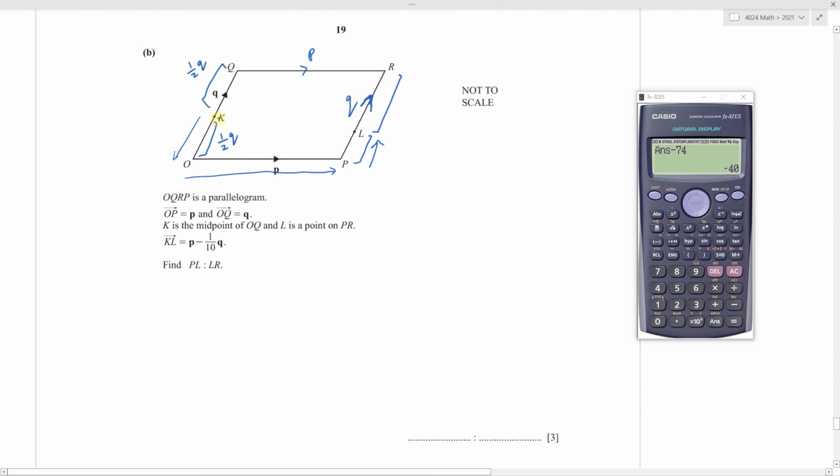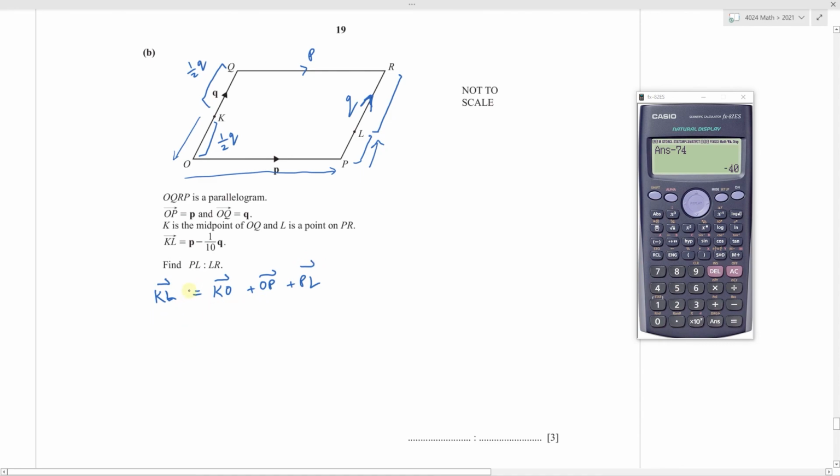So let's try to find this vector PL using KL, which we are given. So we know that the KL vector using the head to tail rule will be KO plus OP plus PL.